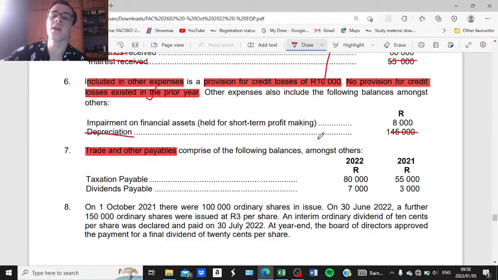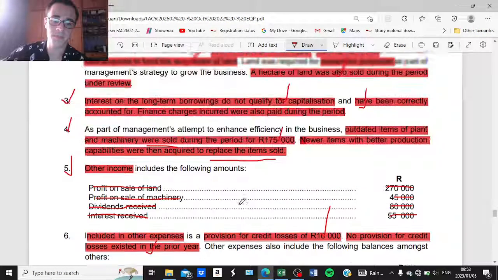So in other words, if they are held for trading purposes, we will need to show the relevant cash flows in the operating activity section. If they are not held for trading purposes, they will be shown in the investing activity section. That is the difference. The impairment amounts to 8,000 Rand and needs to be considered in calculating the cash flow for financial assets.